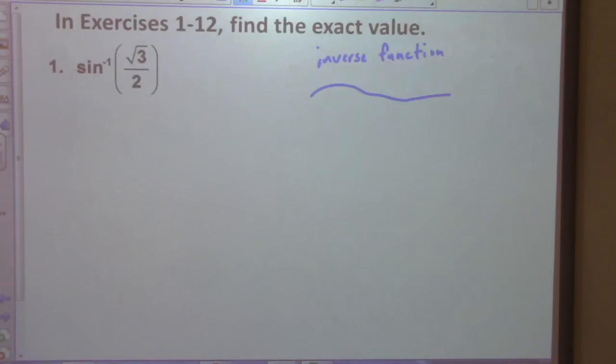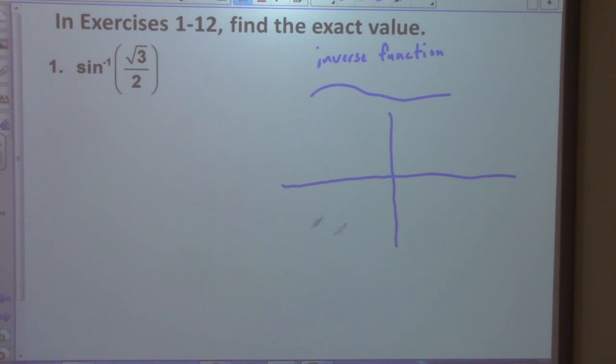All right. But what we're doing here in this case, we're doing something different, is we're inputting the value of the trigonometric ratio.